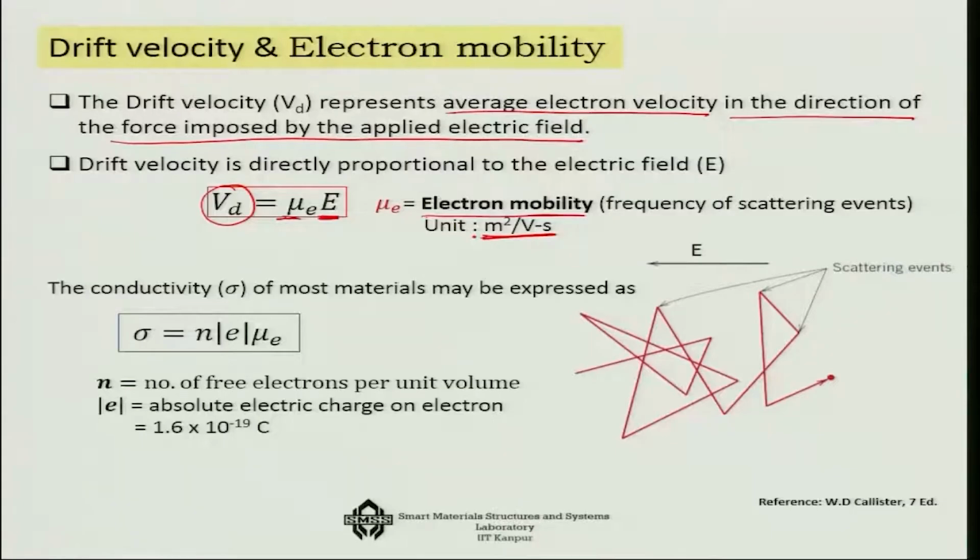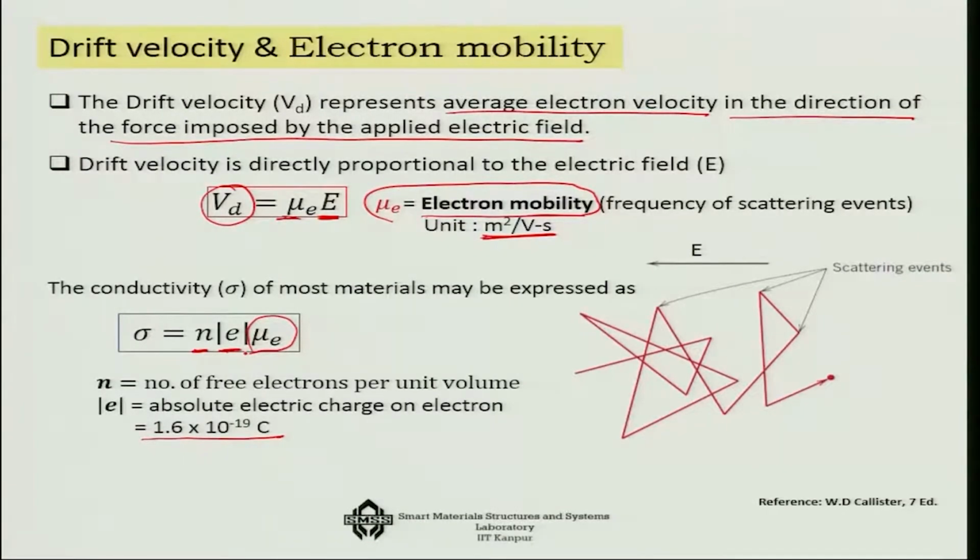Now, the conductivity sigma of most materials may be expressed in terms of this new term mu, which is the electron mobility, and we can write the conductivity as n times the magnitude of the absolute electric charge on an electron, which is 1.6 times 10 to the power minus 19 C, multiplied by mu e, the electron mobility.